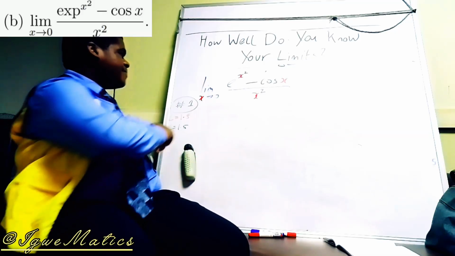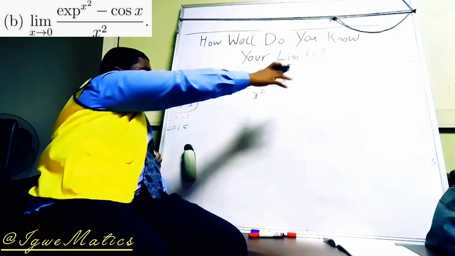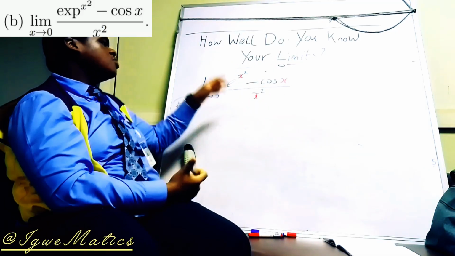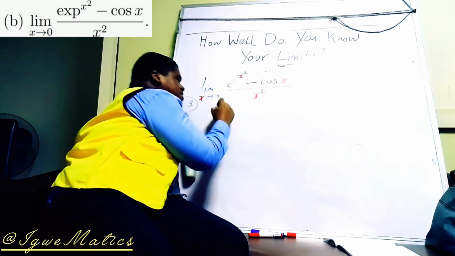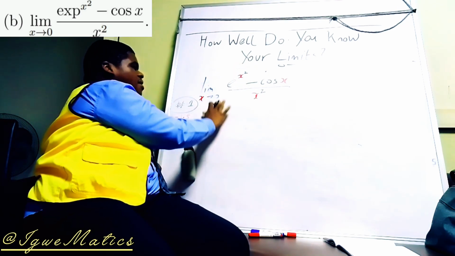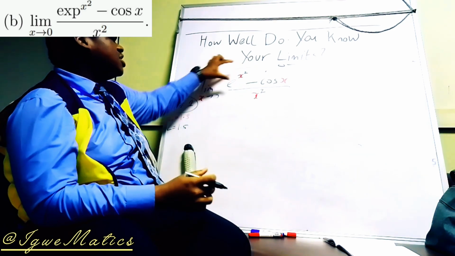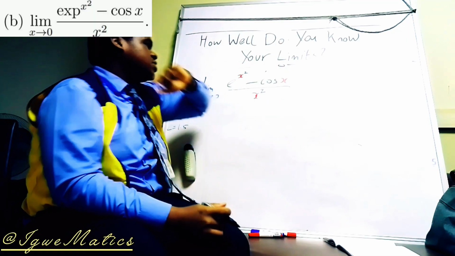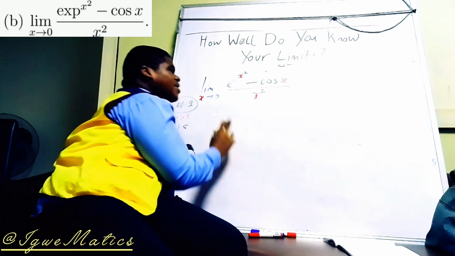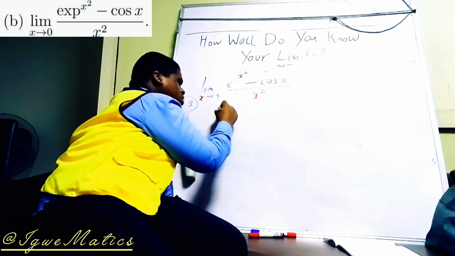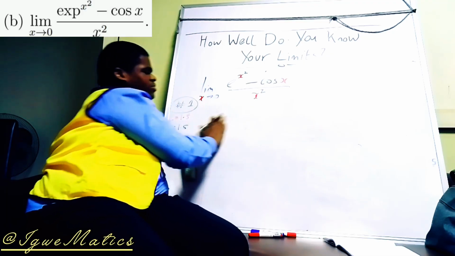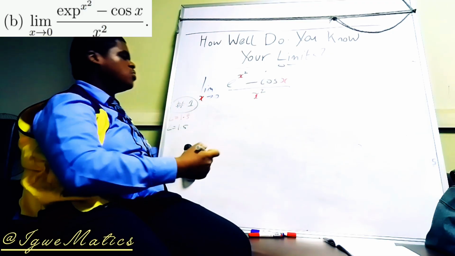Let's apply L'Hospital's rule here. L'Hospital's rule says that we should differentiate the numerator divided by the derivative of the denominator. So let's differentiate the numerator, e to the power of x squared minus cos x, which is the same as differentiating e to the power of x squared minus differentiating cos x. Let me explain it for those who don't know the derivative.